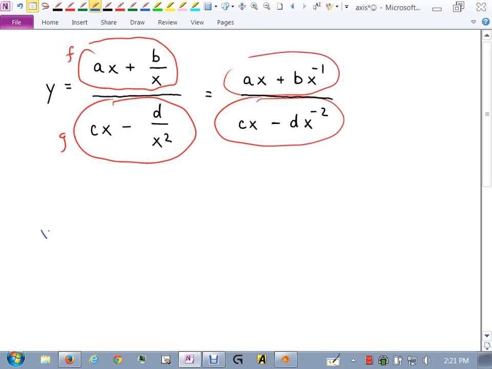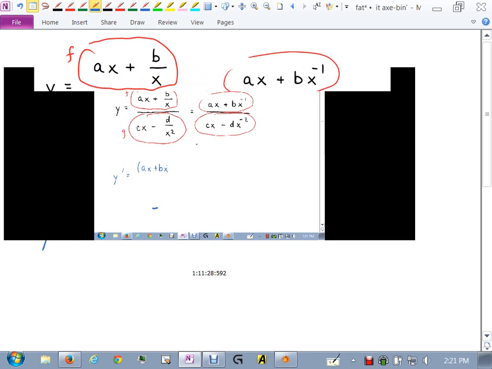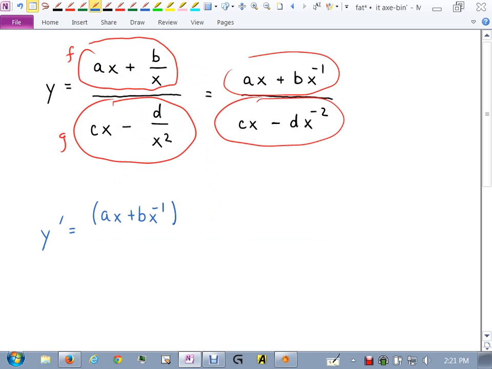So my derivative of y will be equal to f prime, that's ax plus bx to the negative 1, that derivative, times g. What's g? Cx minus dx to the negative 2.